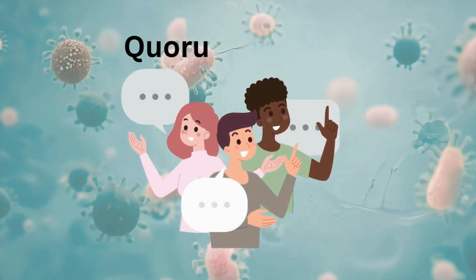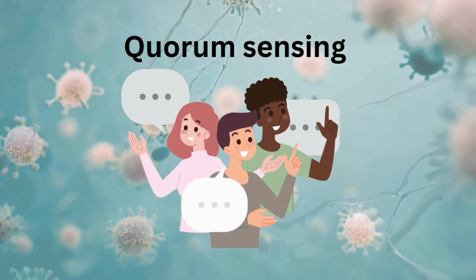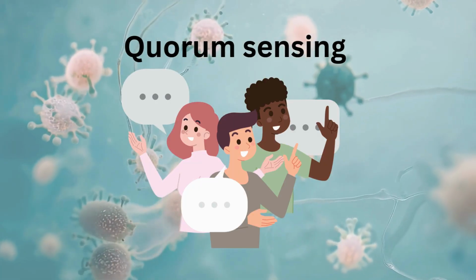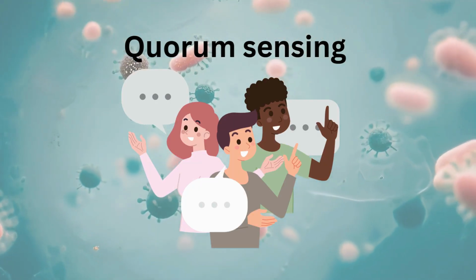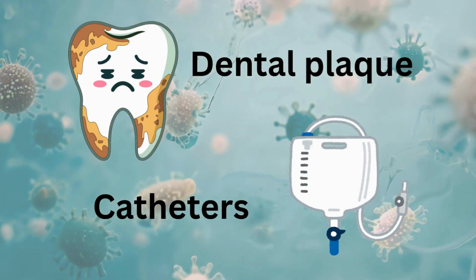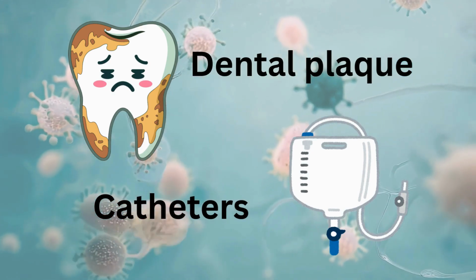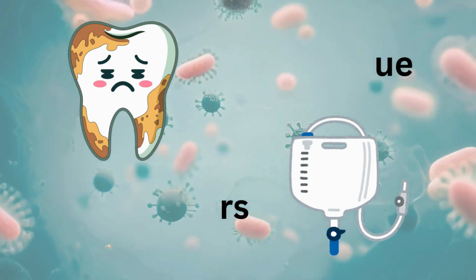Within biofilms, bacteria communicate via quorum sensing, sharing nutrients and displaying increased resistance to antibiotics and disinfectants. Common examples include dental plaque, biofilms on catheters, and microbial communities on rocks in aquatic environments.